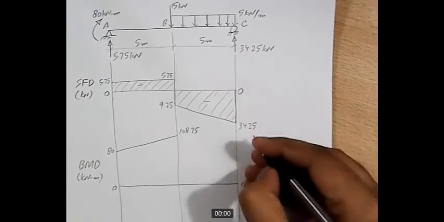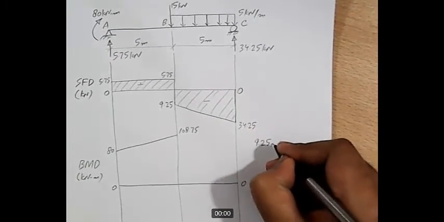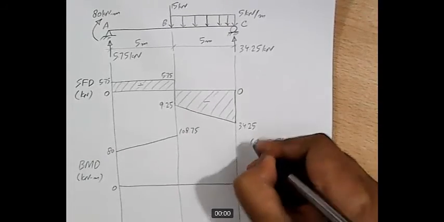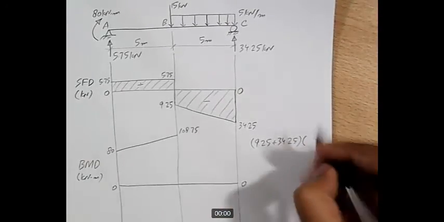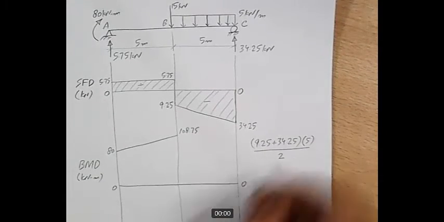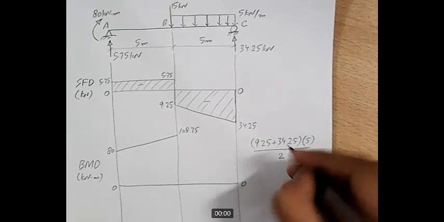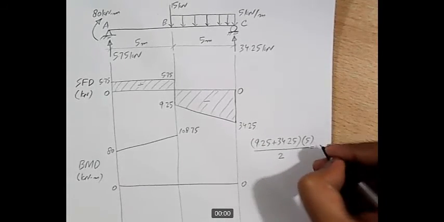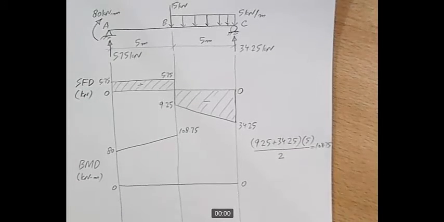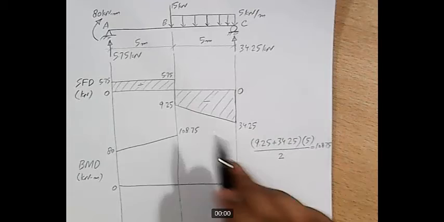This area of the trapezoid will be 9.25 plus 34.25, the sum of parallel sides, into the perpendicular distance between them, which is 5, divided by 2. If we solve this, we get 108.75. So this area is exactly 108.75, and it is negative.